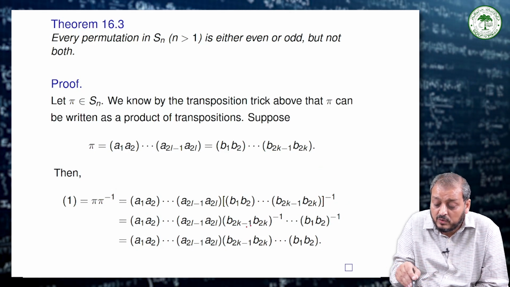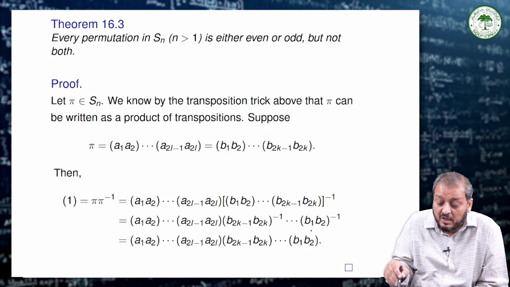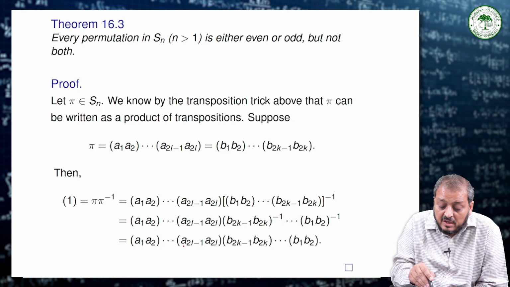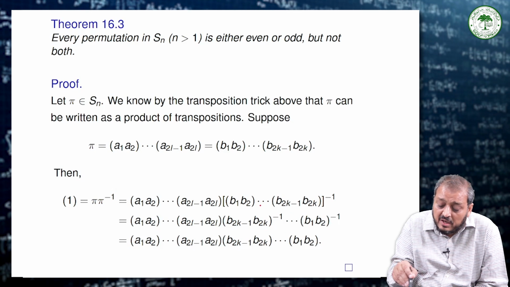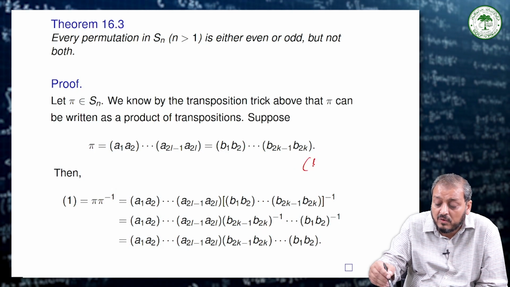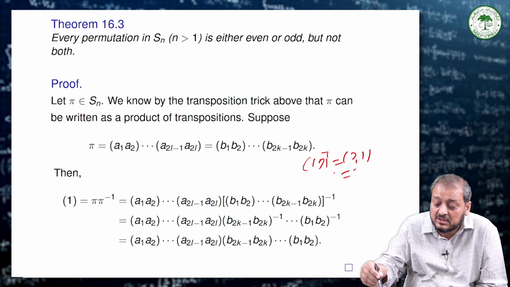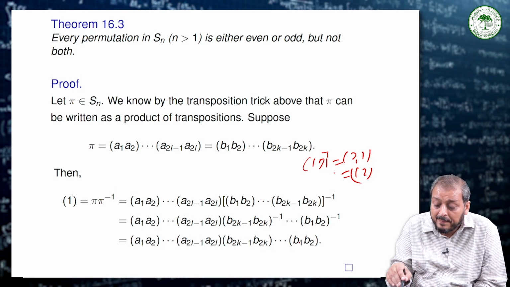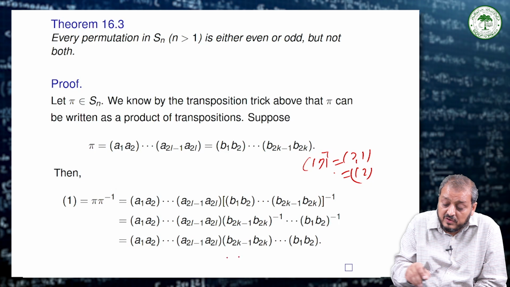So this means it is b_{2k} inverse, then b_{2k-1} inverse, down to b1 inverse. For a transposition, whether we write (1 2) or (2 1) is the same, and its inverse is equal to (2 1), which is the same as (1 2). So this can be written in this product, with b_{2k} and b_{2k-1} and then b1 b2.